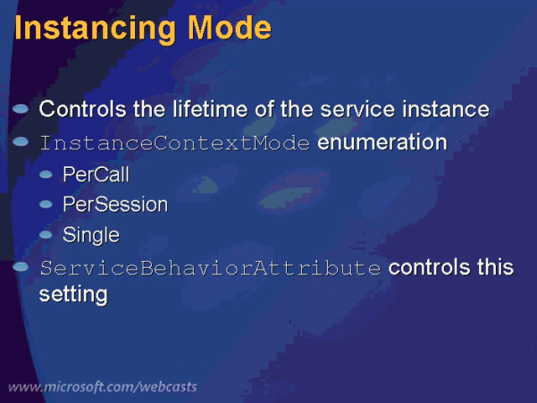We've got per session, which gives you a session with the client that's calling. And then we've got singleton, which is handled by the single option. And this is set by applying the service behavior attribute, which you've seen before in earlier webcasts. And you apply that to the service type, and that indicates its instancing mode. So that's how you control the lifetime of your service object.